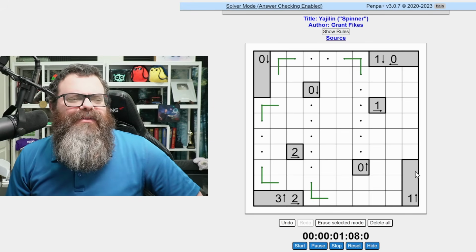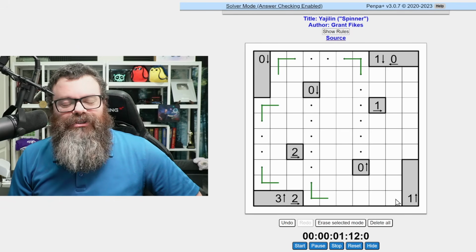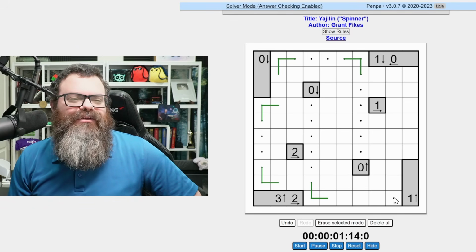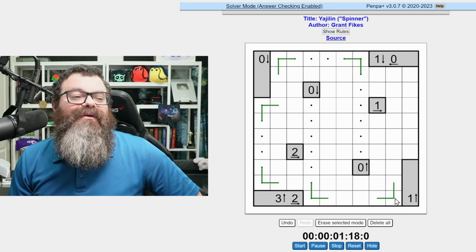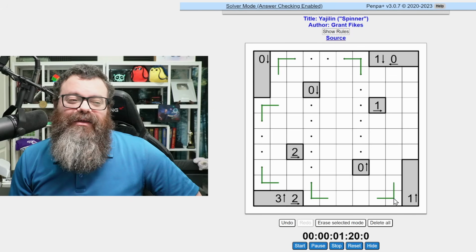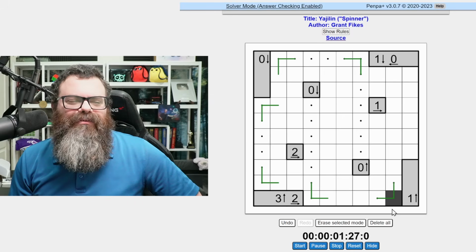Now, there's another deduction that's a little bit more subtle, which is potential corners. Like we don't know that this is on the loop or not, but if it was on the loop, it would take that corner. But if it wasn't on the loop, the only way it's not on the loop is to shade it. And if it's shaded, then the two next to it also must be loop.